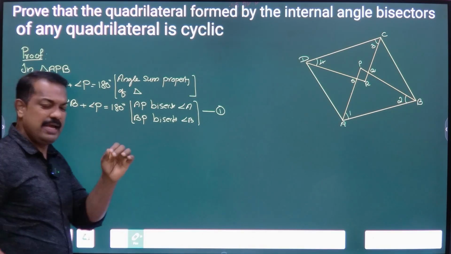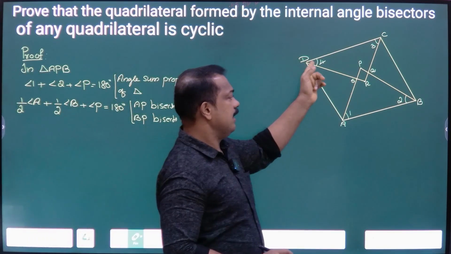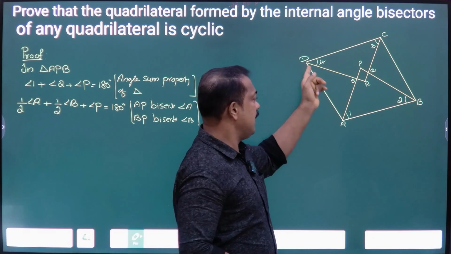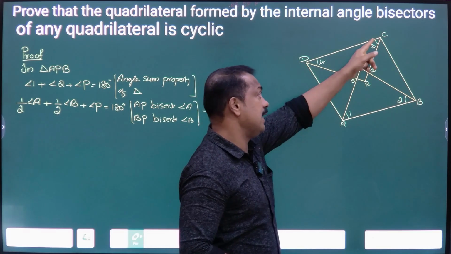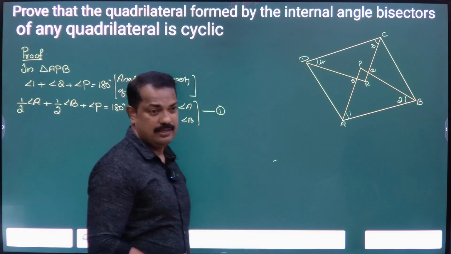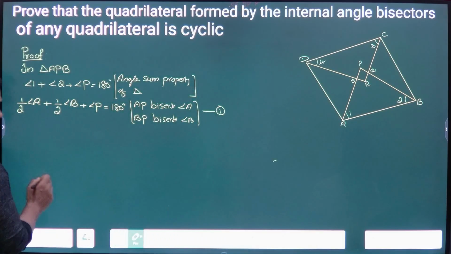Same way, the same property applies in triangle CRD.